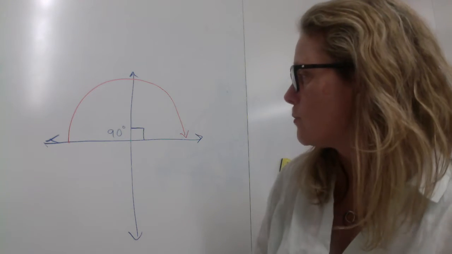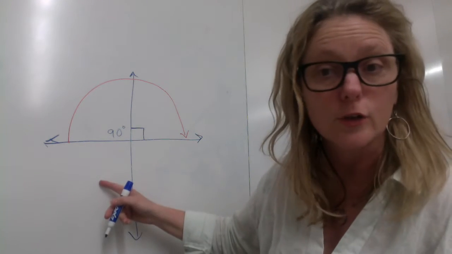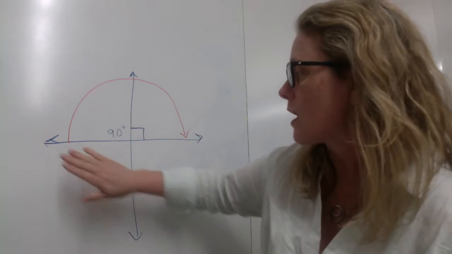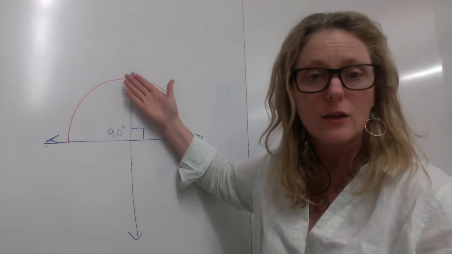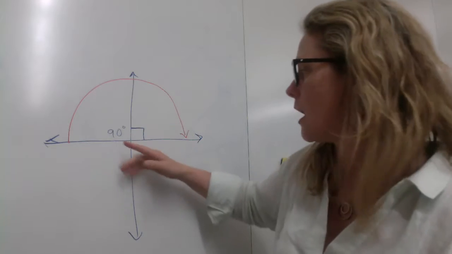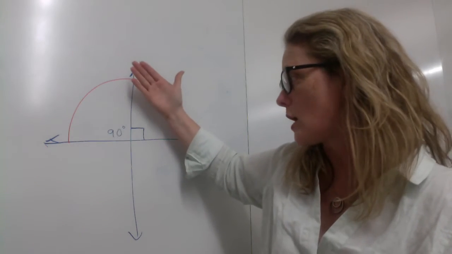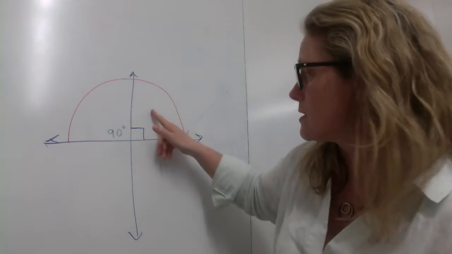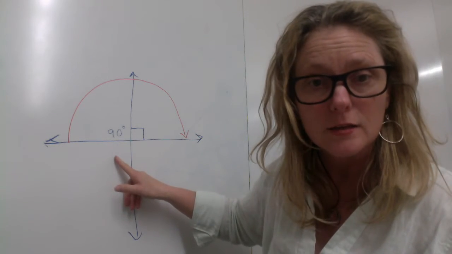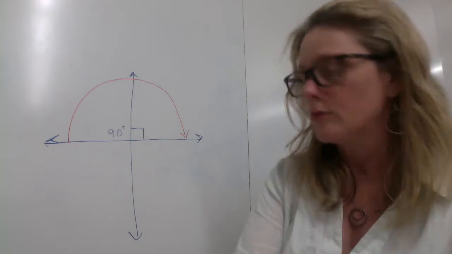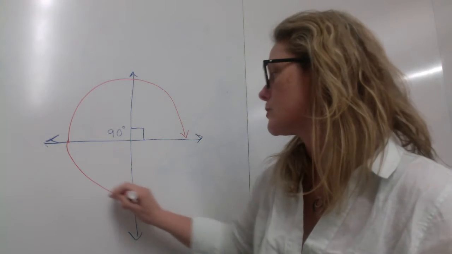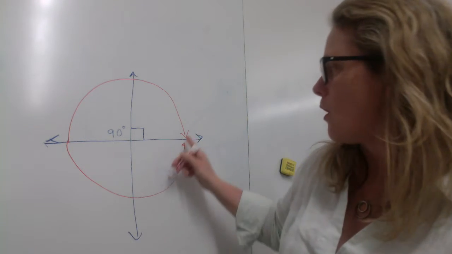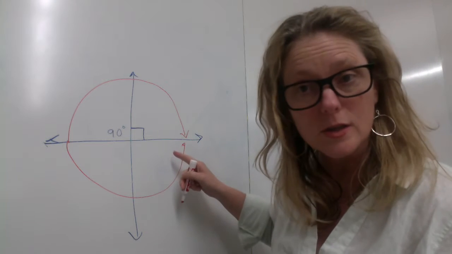And I also know because these two angles are vertical angles, meaning if I reflected this angle across this vertex point, they're going to match up. So if this is 90, this is also 90. And same thing, I know from here to here, all the way around must add to 360.